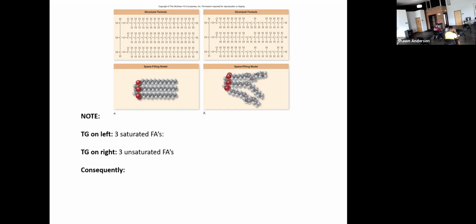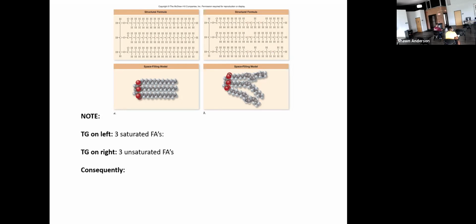So on the left, are all of these fatty acids saturated, or do we have some unsaturated? Saturated, left, raise your hand. Use some ATP. Unsaturated. Okay, they're all saturated.